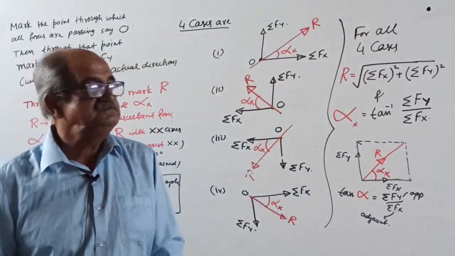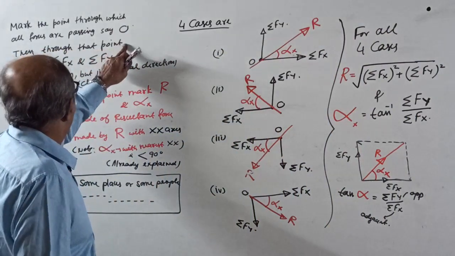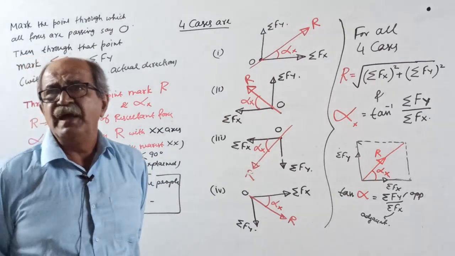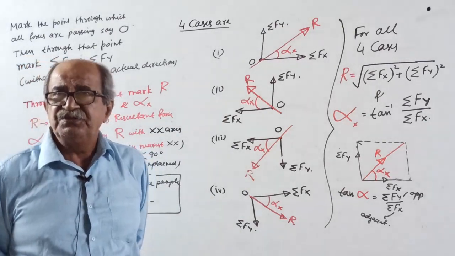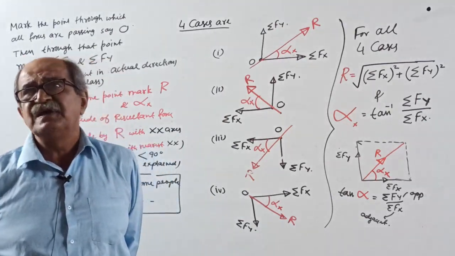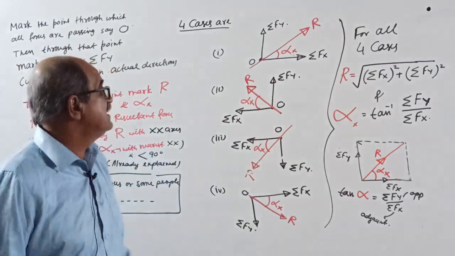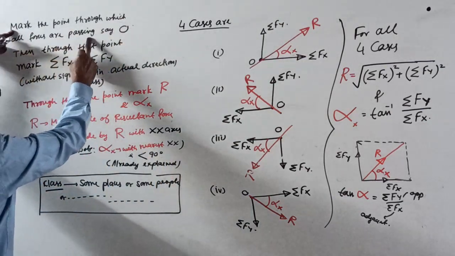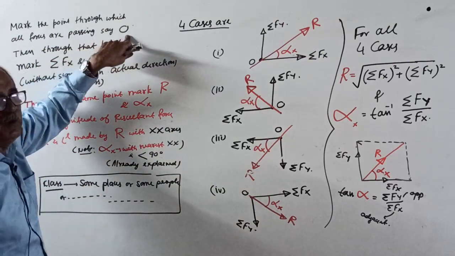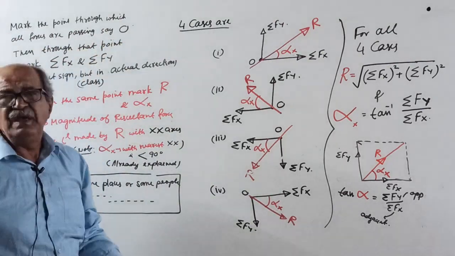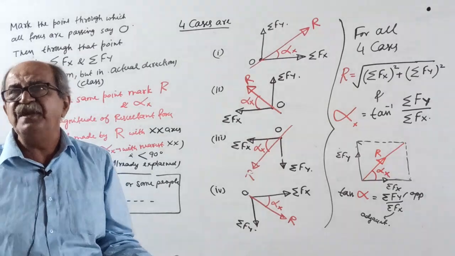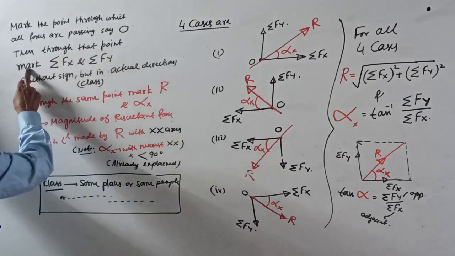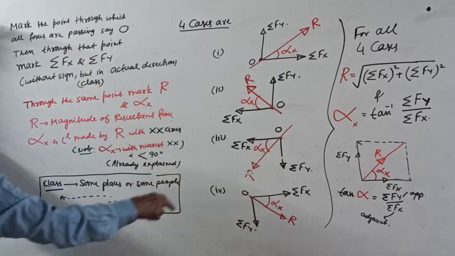Now, next, I already told, see the procedure. Find sigma Fx and sigma Fy, first with sign, then write the answer without sign, but in correct direction. Then mark the point through which all forces are passing. Say O, some point required. Say O, it can be any name. In the question they can give A, B, C, D also. Okay, then through that point, mark sigma Fx and sigma Fy. See here, this way.